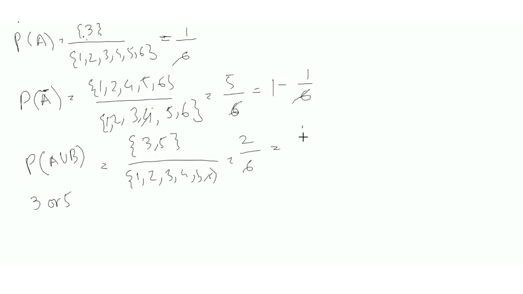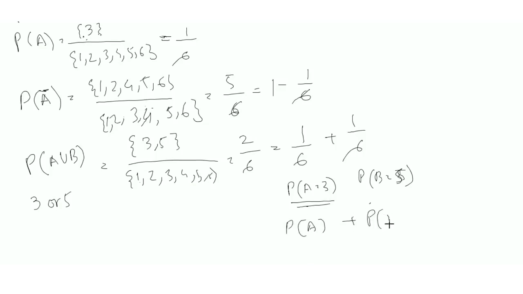Which is also equal to 1 by 6 plus 1 by 6. This is for probability of A equals 3 and probability of B equals 5. So the probability of A union B is the probability of A plus the probability of B, so this is P(A) plus P(B).